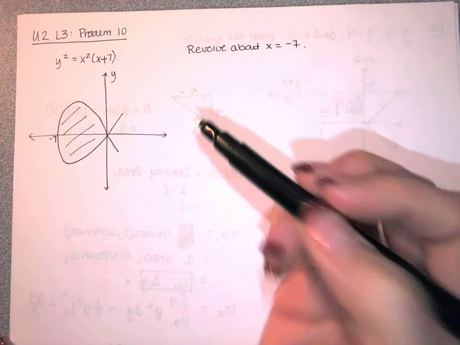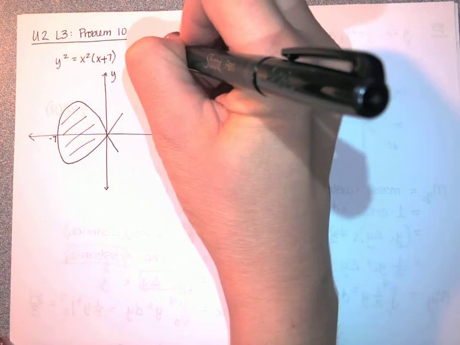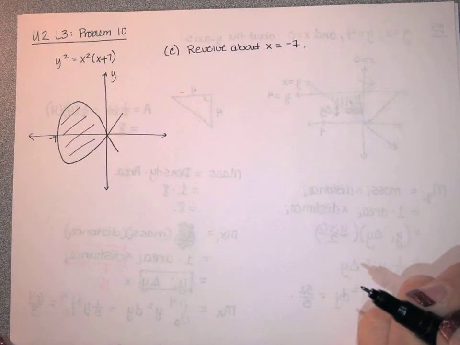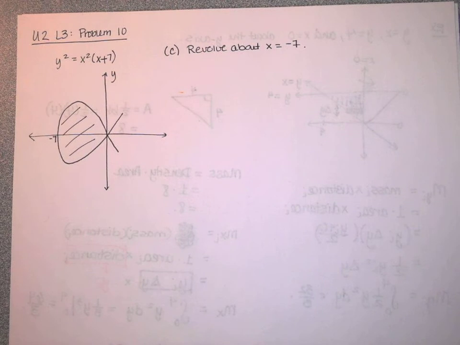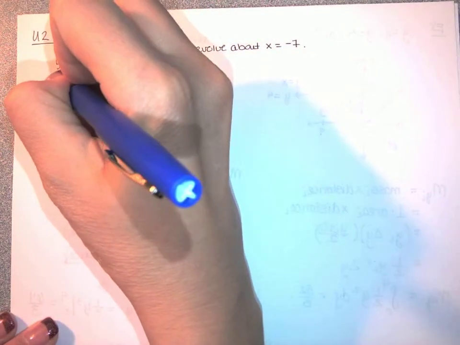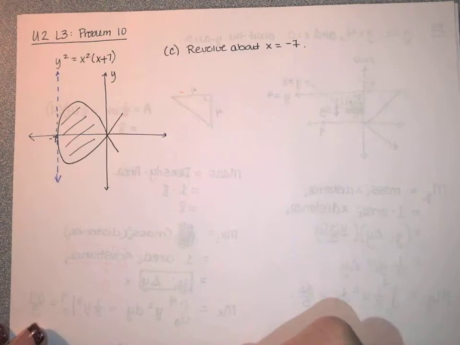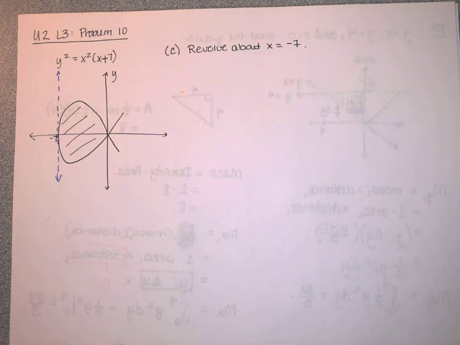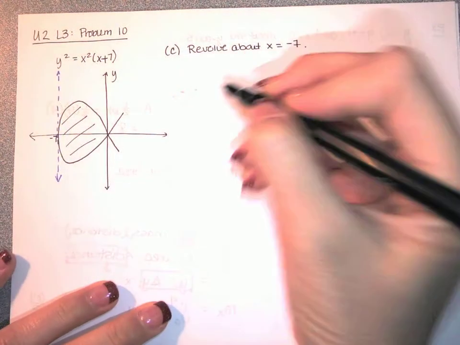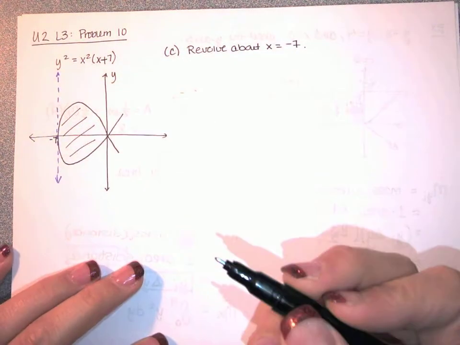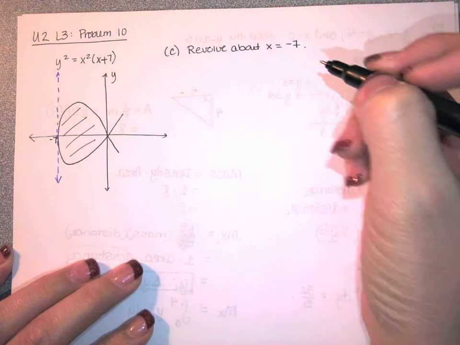And in part C, you were asked to revolve this around x equals negative 7. So we're revolving it around this line. And let's see what happens. In order to do that, the first thing we do is sketch the region, and we also sketch the reflection.